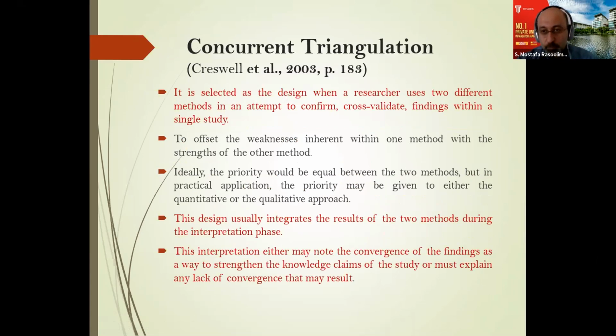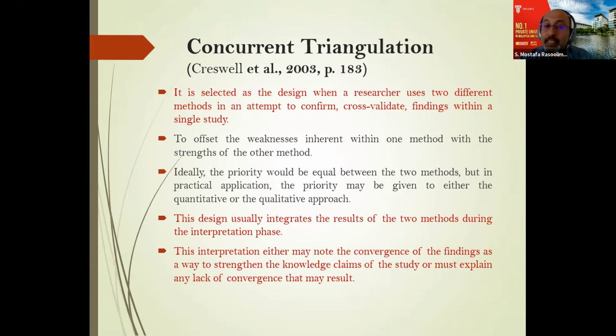very common also, and used in mixed method research, is concurrent design. Concurrent triangulation: we collect the qualitative and quantitative data at the same time, right? And we don't have any sequence for qualitative and quantitative.